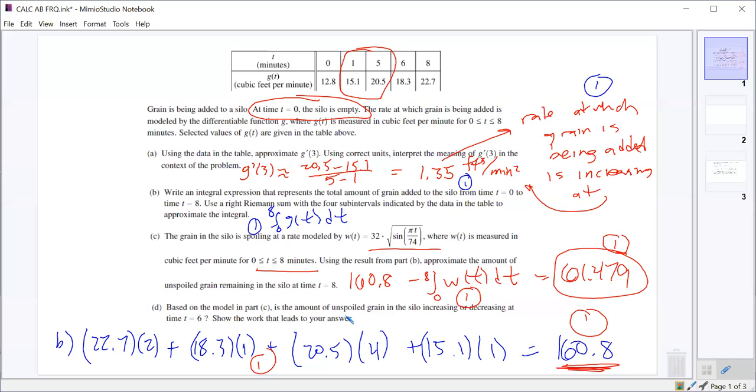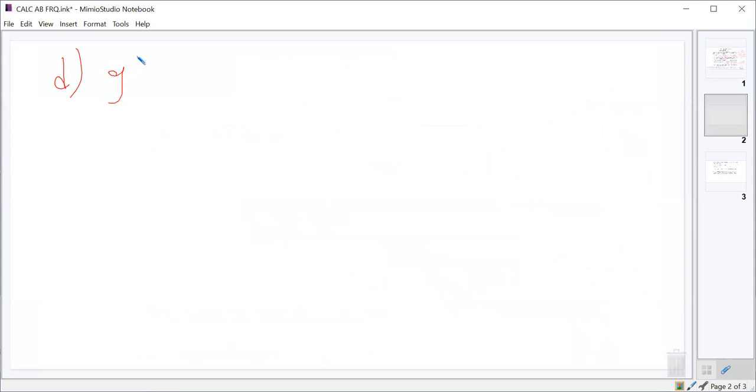And for part D, we want to know, is the amount of unspoiled grain increasing or decreasing? So that would be what is the rate at which it's being put in minus the rate at which it is spoiling. So G of 6 minus W of 6. If this is positive, then it's increasing. And if it's negative, then it should be decreasing.